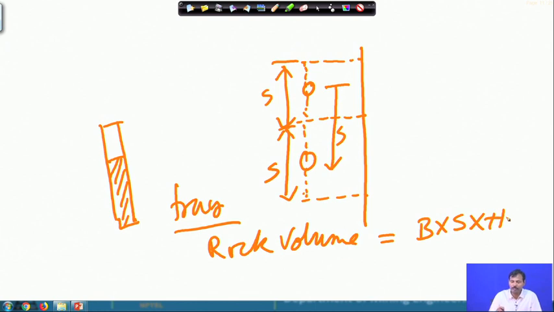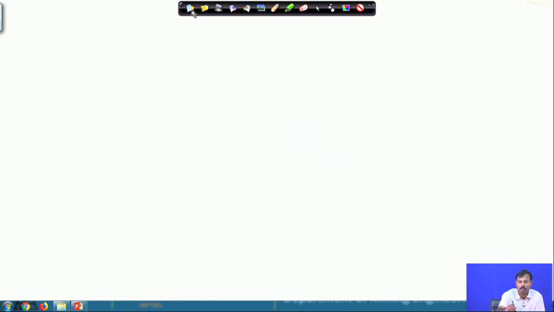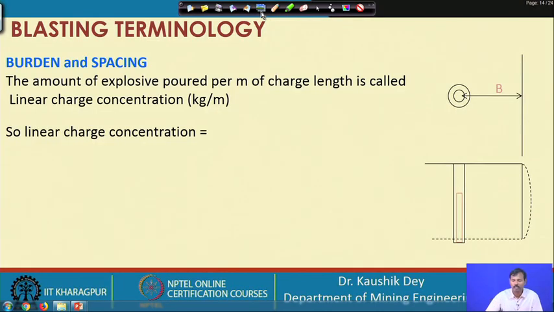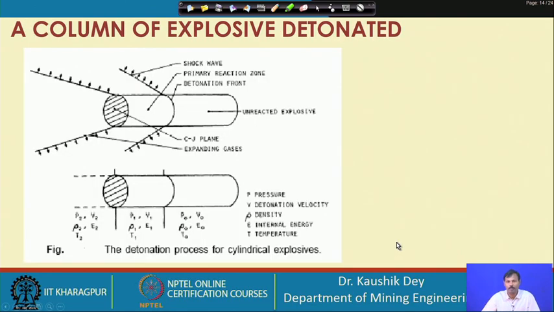So, spacing is the distance between two adjacent holes and burden is the distance from the hole to the free face.